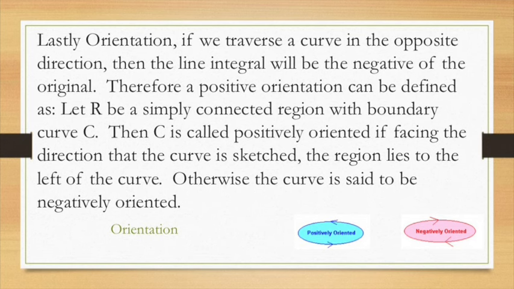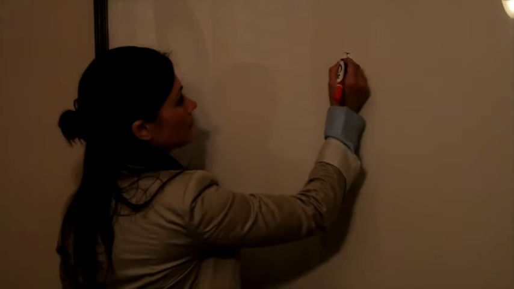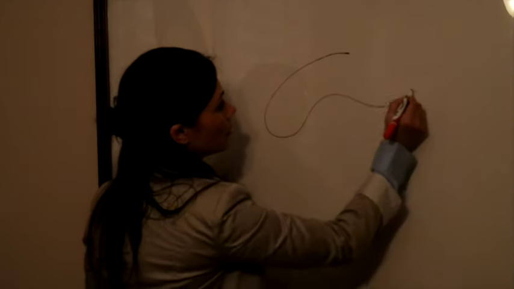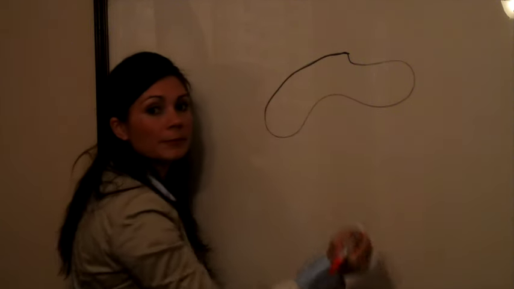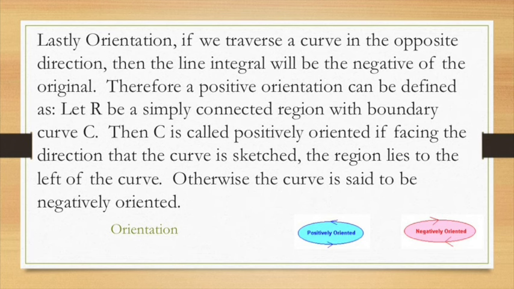Lastly, orientation. If we traverse a curve in the opposite direction, then the line integral will be the negative of the original. Therefore, a positive orientation can be defined as follows: let R be a simply connected region that doesn't intersect itself, with boundary curve C. Then C is called positively oriented if, facing the direction that the curve is sketched, the region lies to the left of the curve.